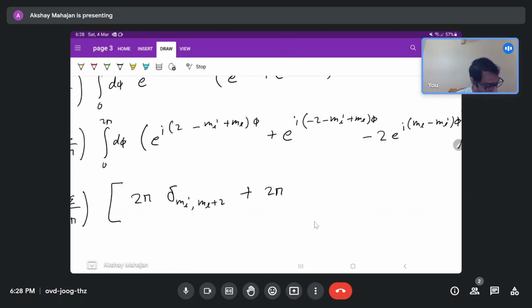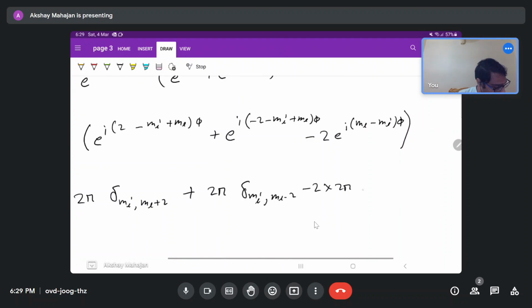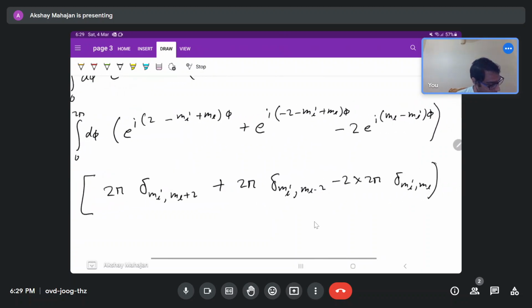Similarly, from the second term you get 2π times δ(ml', ml − 2), and then you will have minus 2 times 2π δ(ml', ml).